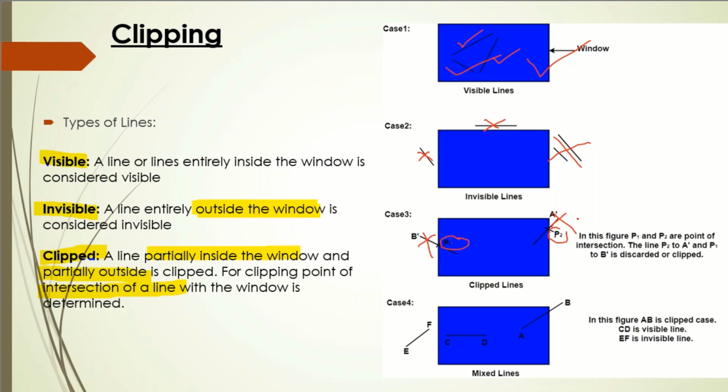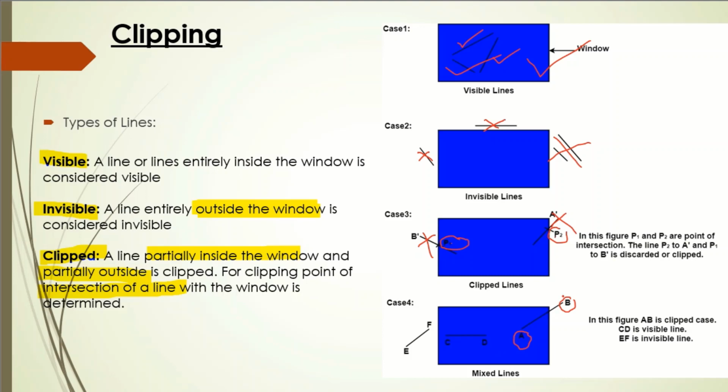And case number 4. In case number 4, this one is considered a mixed case of clipping because it contains a visible line, it also contains an invisible line, and also involves clipping as well. In this figure, this line A and B will be clipped, because it's partially inside and partially outside.